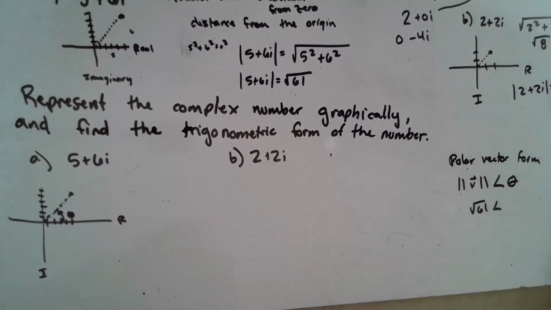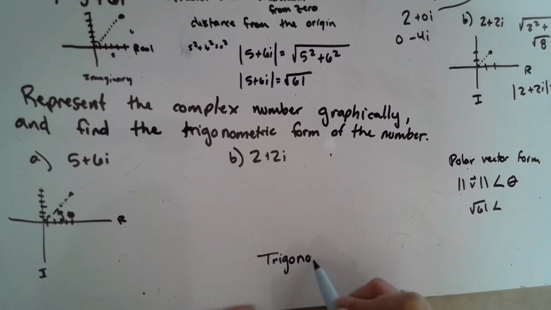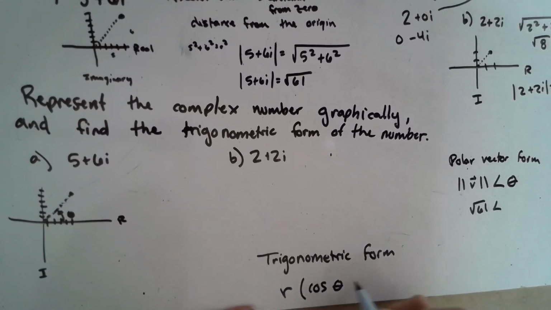So what we're going to do is, on your identities page, I want you to write this equation. It's going to be r times cosine theta plus i sine theta.